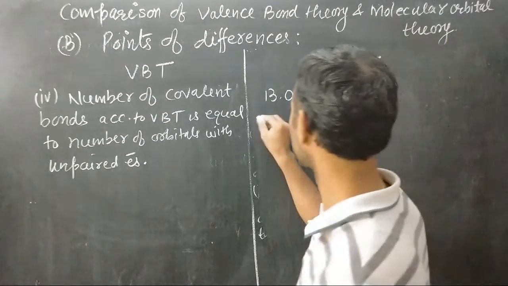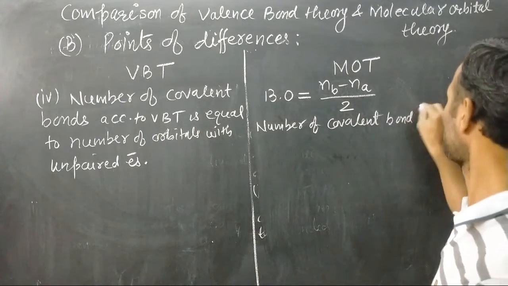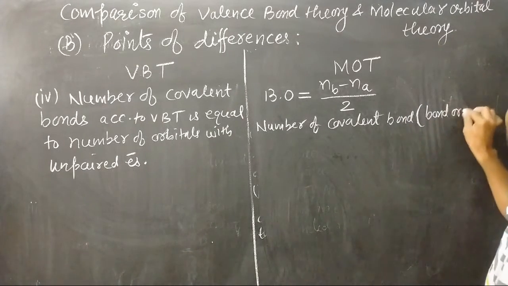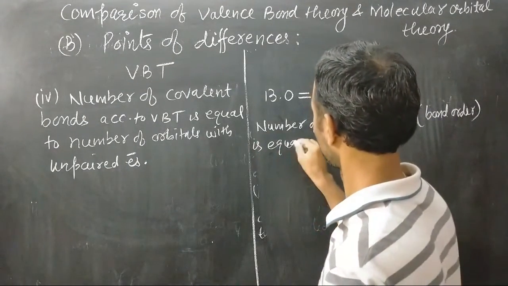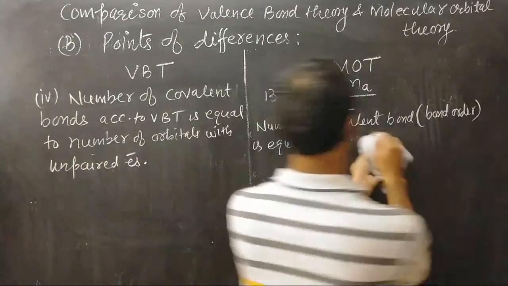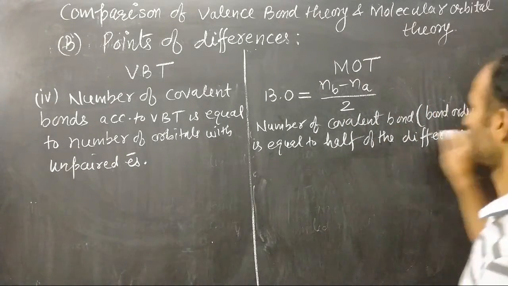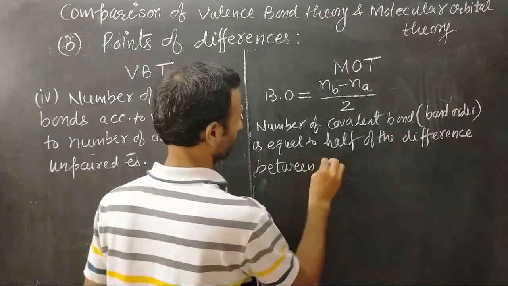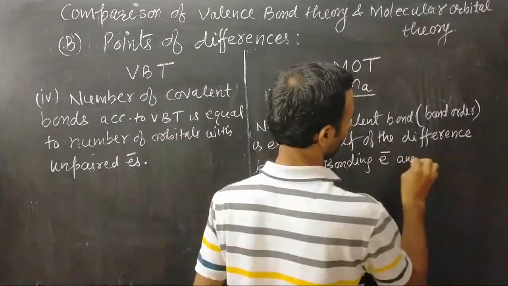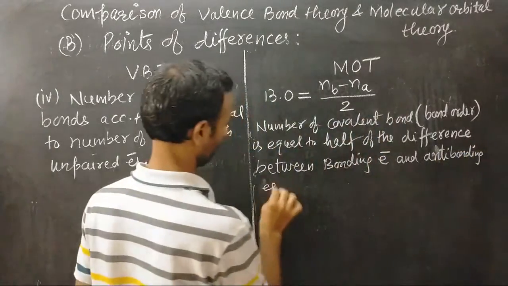But according to MOT, the number of covalent bonds, that is also called bond order, is equal to half of the difference between bonding electrons and anti-bonding electrons, right?